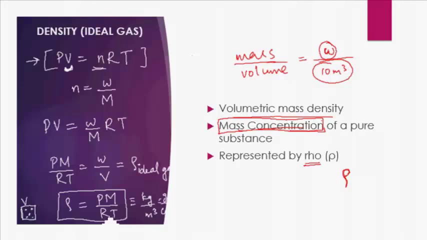What you can do is use the value of R as 0.0821 liter atm and convert that liter into centimeter cube by multiplying it with 1000. This is how you use this equation. Ultimately you have to remember only the formula, but you have to pay attention to the units and conversion of those units from one to the other.